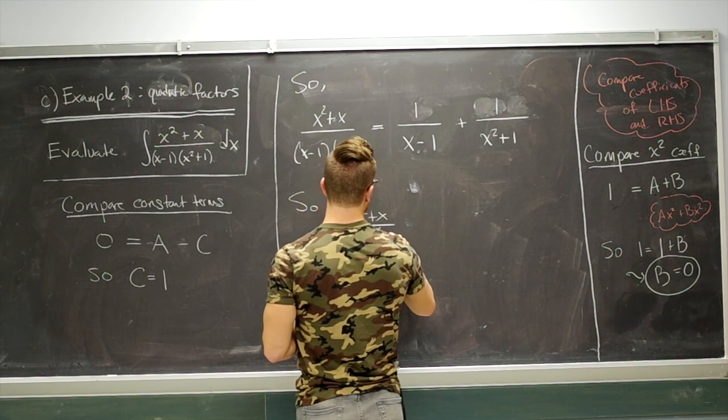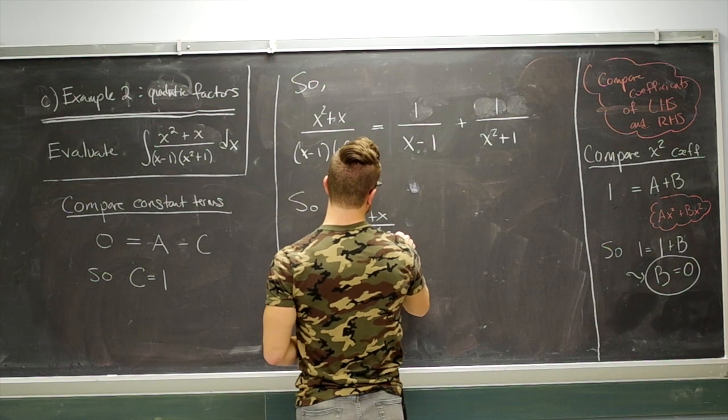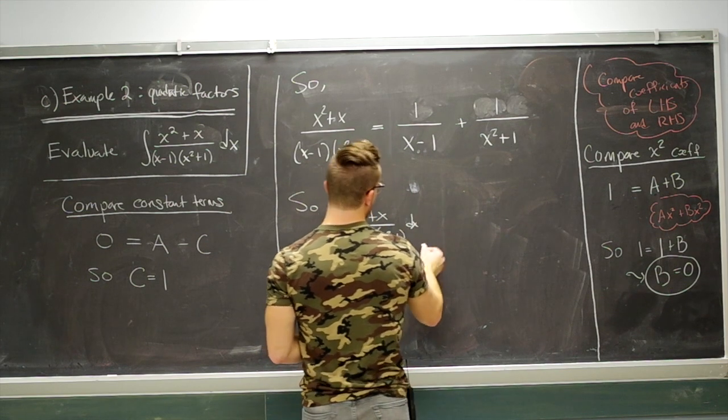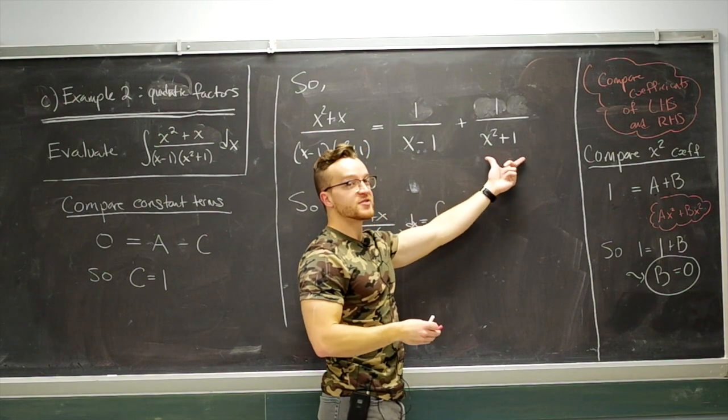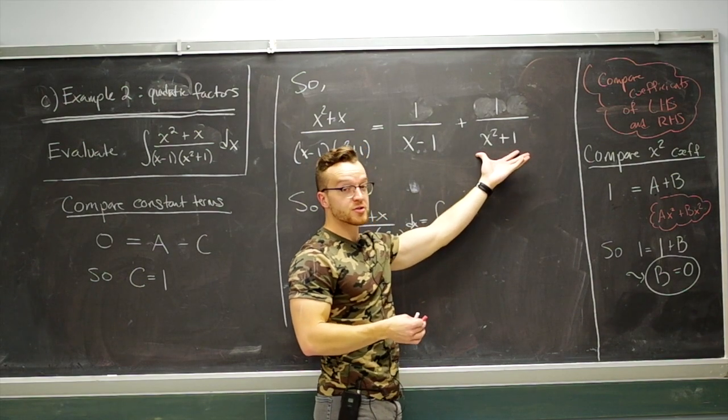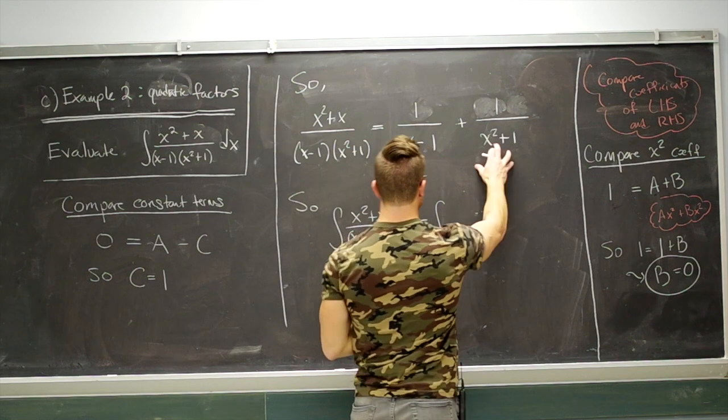Now, like last time, one of these is going to be a log-looking thing. In the quadratic case, you'll typically get something that looks like this. A lot of times it's going to be an arctangent type integral, which is exactly the case here.